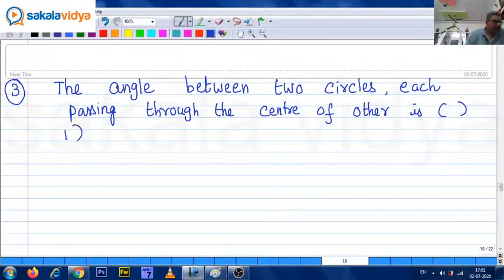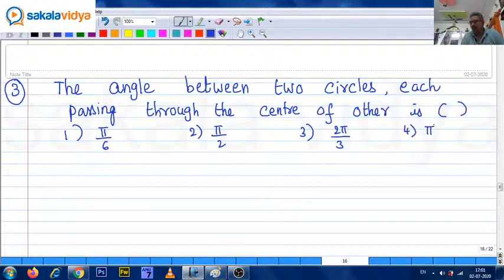First option pi by 6, second option pi by 2, third option 2 pi by 3, fourth option pi. So let us draw the figure first of all.